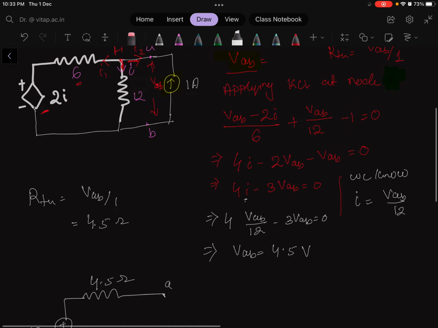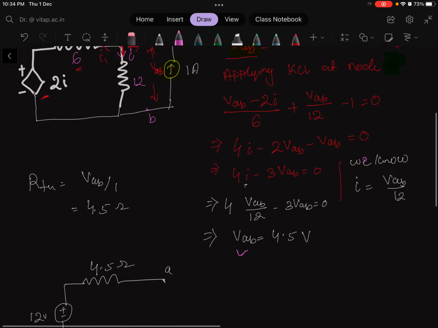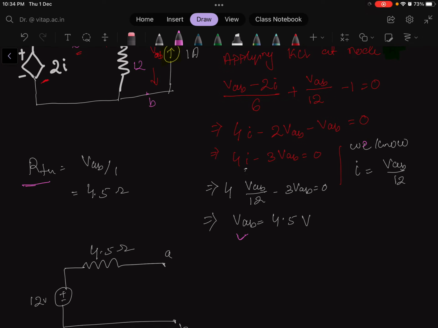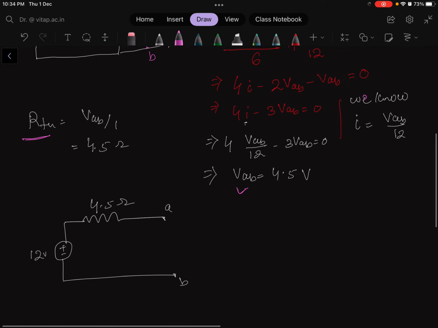Then we solved it and calculated the value of VAB. Once we found the VAB value, we calculated the RTH value. Then we represented the circuit with a Thevenin equivalent circuit, where this is not 12 volt, this will be your 4.5 volt.